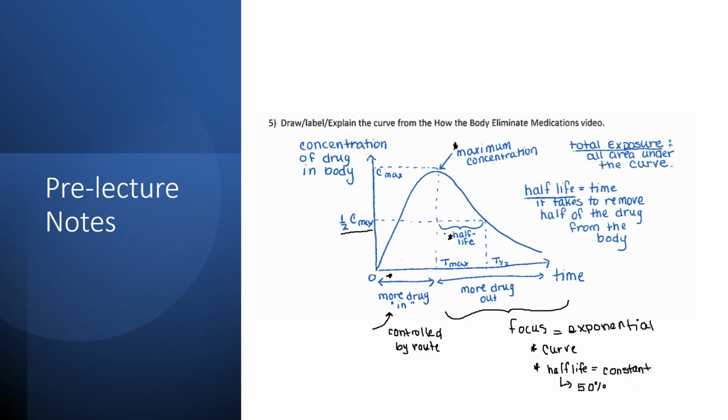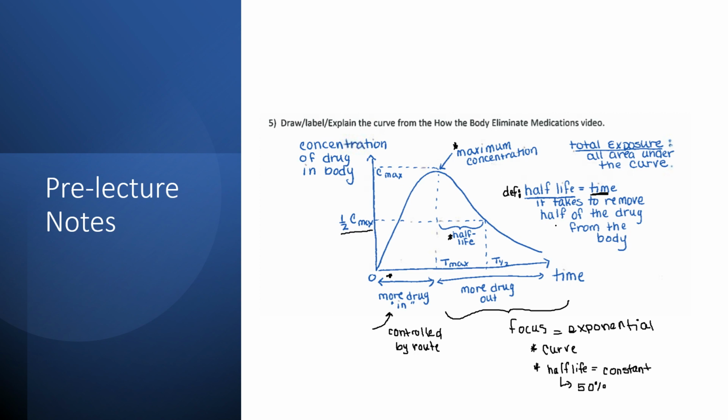And then this idea, I already put an asterisk by it, of the half-life. Over here I put a definition, and that definition is important: the half-life is the time that it takes to remove half of the drug from the body. And that half-life is constant, so that 50% is one of the constants that we have.